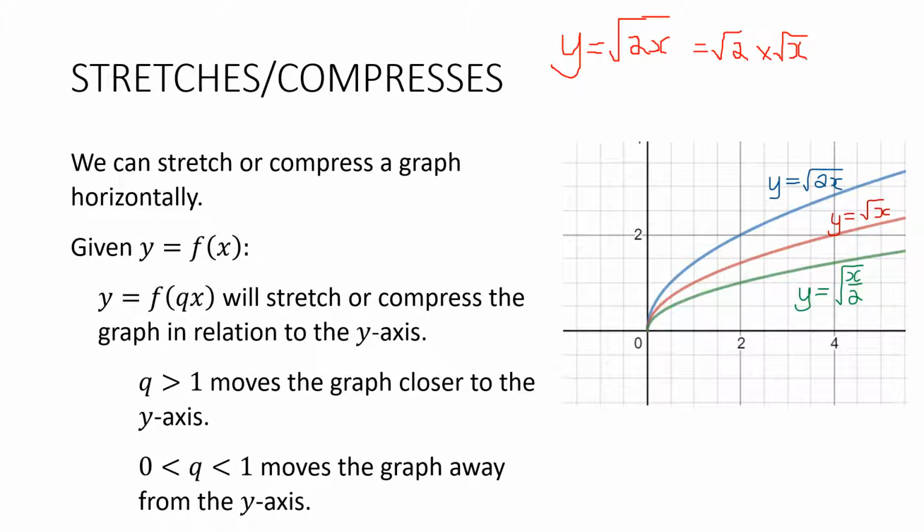Can you see we've got a constant out the front of the function, just like we had on the previous slide. And this number, square root of 2, is 1.4, so that is greater than 1. So effectively, it's the same rule. Don't get too worried about whether it's the x-axis or the y-axis. Just try and remember this simple rule: if it's greater than 1, it's going to make it steeper. If it's in between 0 and 1, it's going to make it flatter. The only exception to that is trig graphs, and I'm going to show you that a little bit later on.